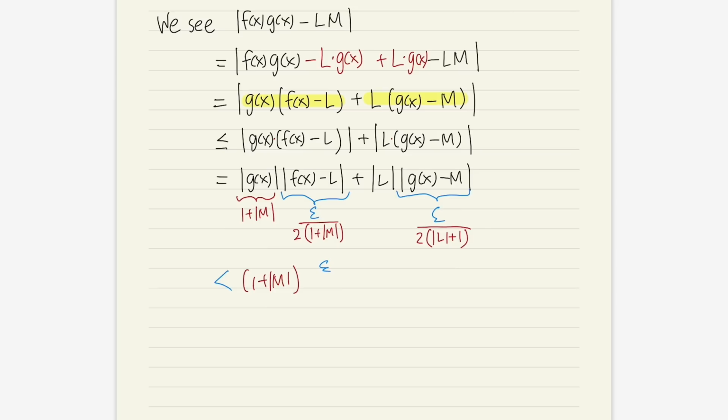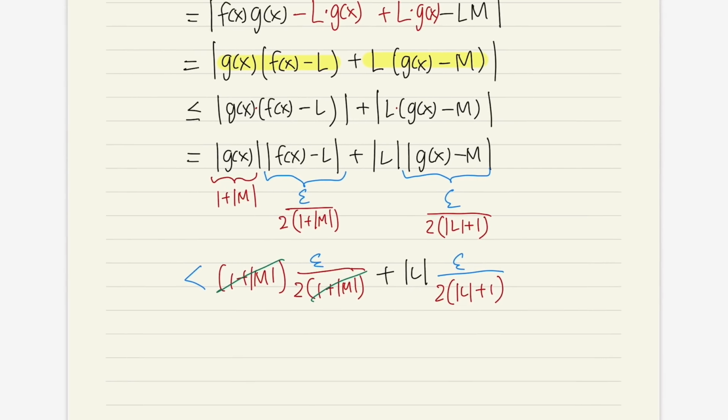Epsilon over 2 times 1 plus absolute value of m. And then we add absolute value of L. Let's just keep it. That's absolute value of L. And then we have epsilon over 2 times absolute value of L plus 1. Now for the first part, we see that this and that cancel out precisely. So we just get epsilon over 2, and that is extremely nice.